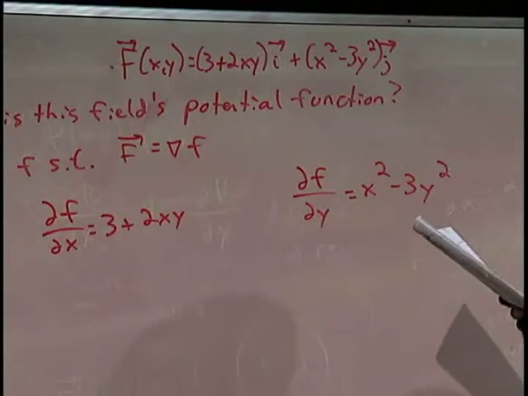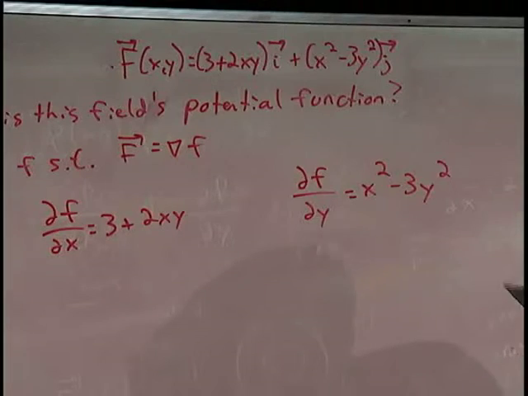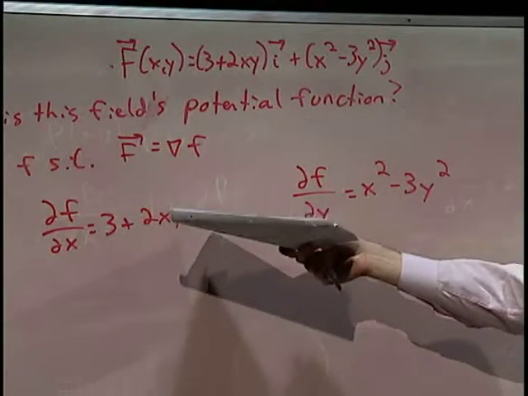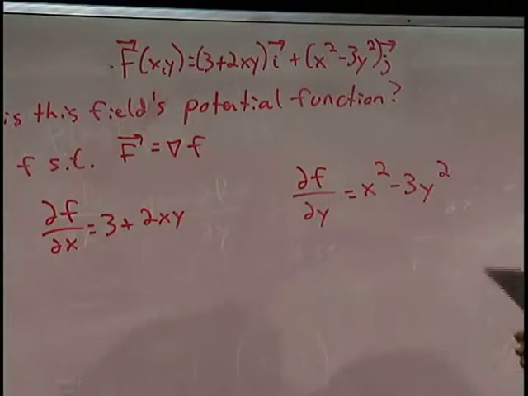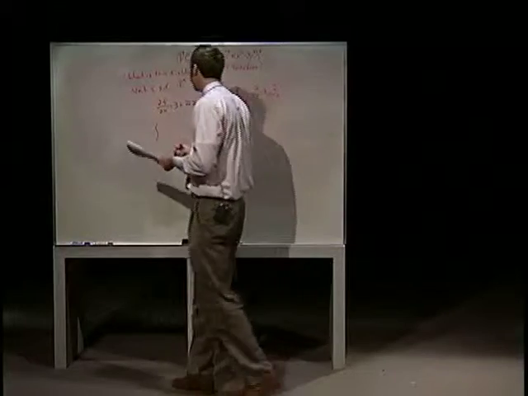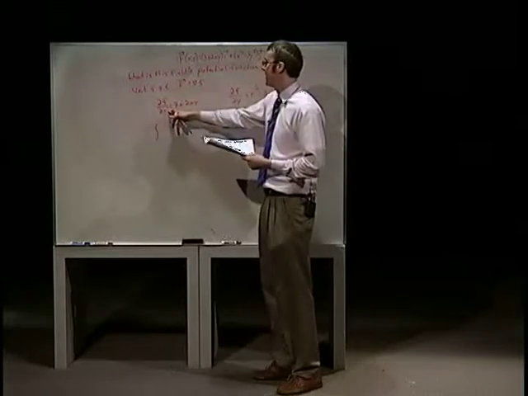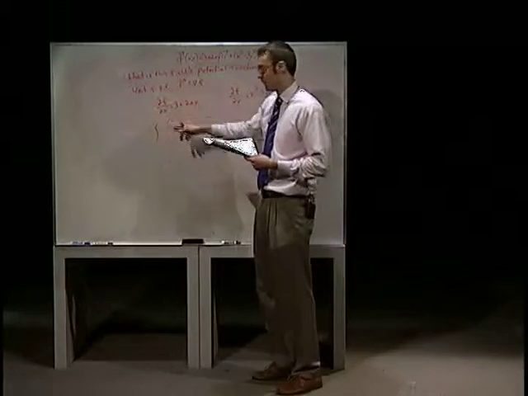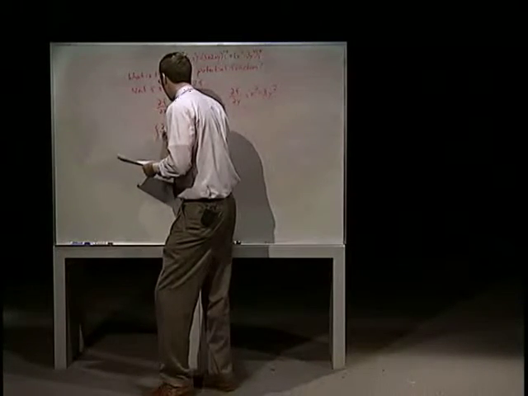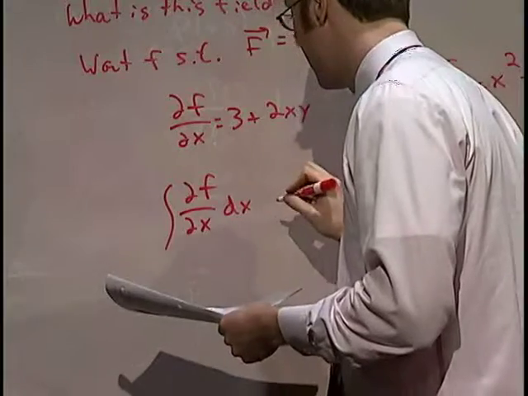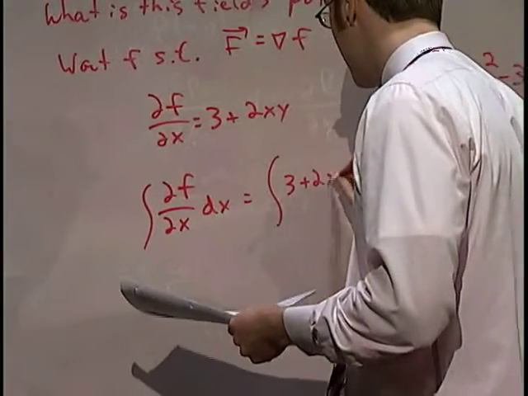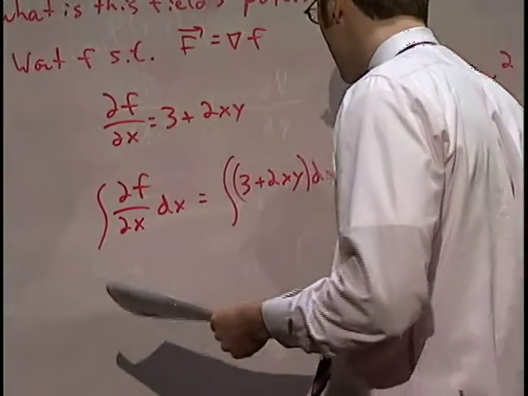So we're going to use, in some sense, what is referred to as partial integration on these functions to see how they behave. So we'll start off by integrating both sides of this equation with respect to x. So if we do that, integrate partial f partial x dx, and we integrate 3 plus 2xy with respect to x.